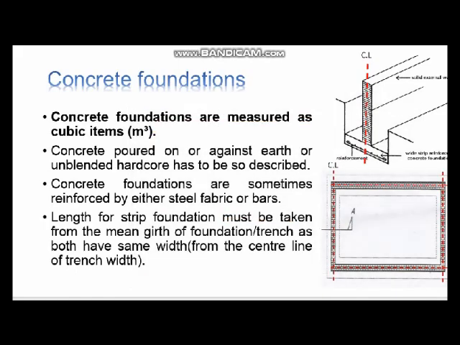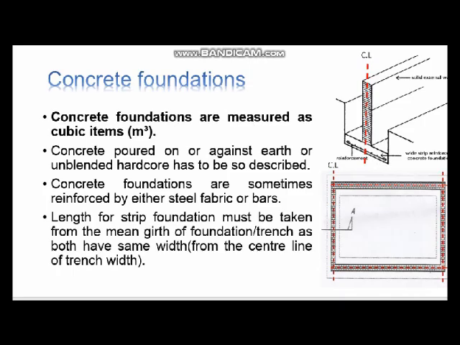So now we go to concrete foundation. Normally concrete foundation will be measured in cubic meter. So a lot of concrete items will be measured in cubic meter. So normally you need to find, in this case this is a strip foundation, meaning it continuously supports this wall here.